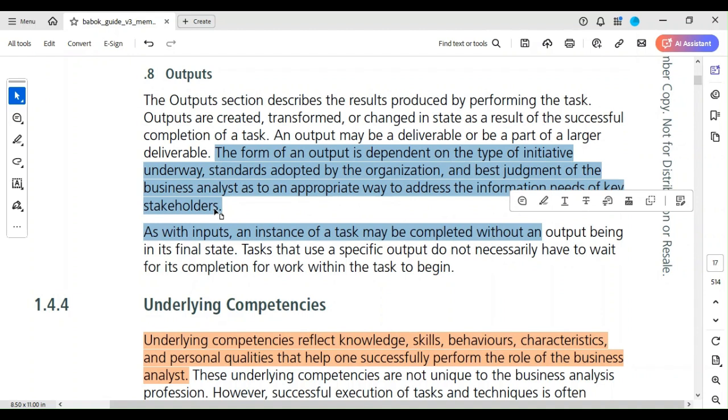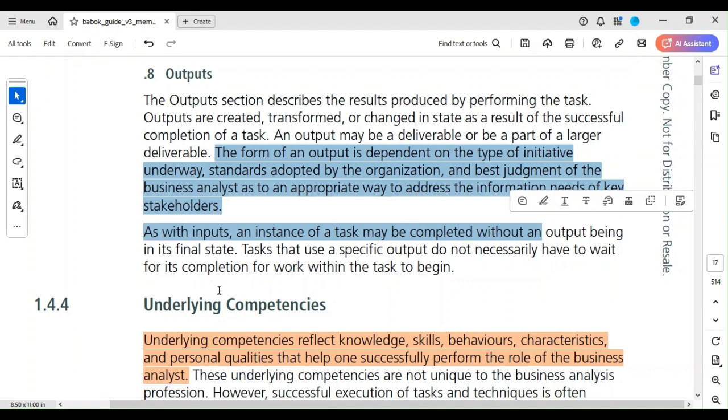The output you get is determined by the type of project, the standards adopted by the organization, what are the standards you have in an organization, and the best judgment of the business analyst as to an appropriate way to address the information needs of key stakeholders. So it is dependent on the standards, on the initiative, and even you as the business analyst.